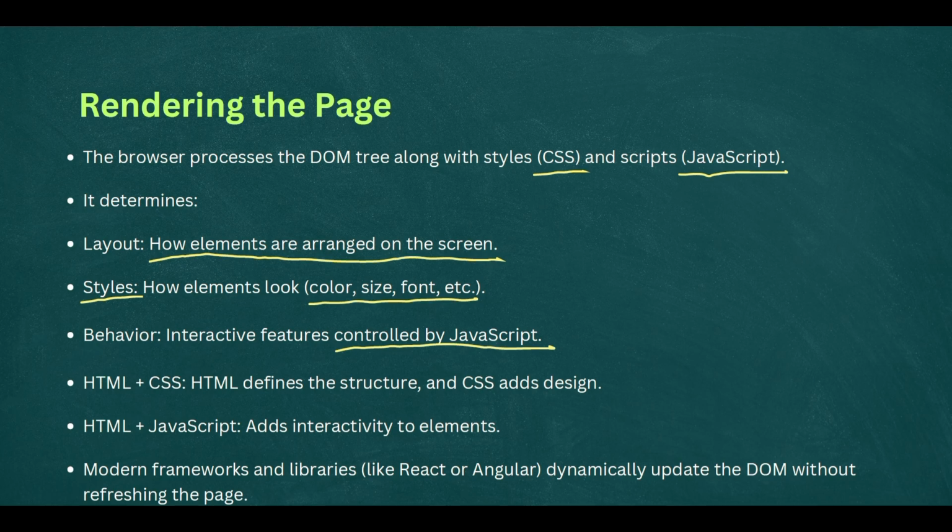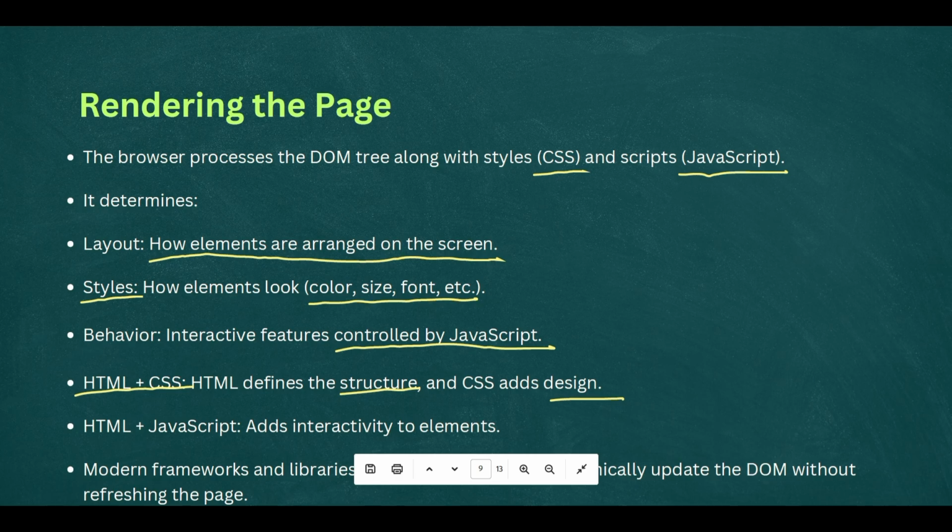So how do we control the interactivity? We have HTML plus CSS, which is for the designing. HTML structures, and then the CSS adds the designing to that element. Similarly, we have HTML with JavaScript, which simply adds the interactivity and actions to the element.